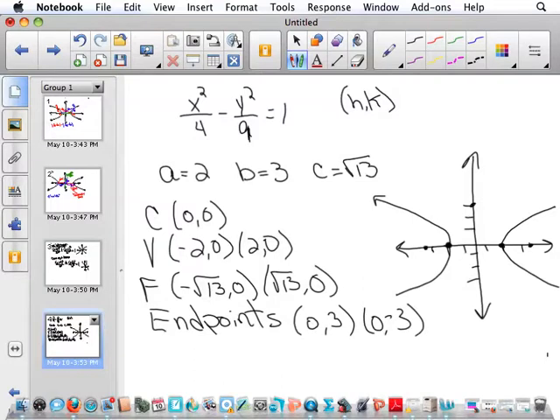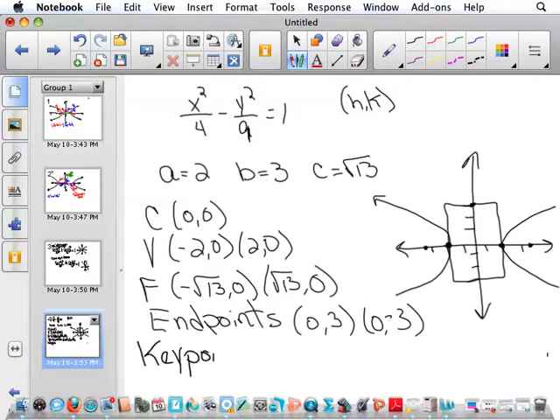So I can sketch in this little rectangular box, and because I don't have this on a graph, it's probably going to be slightly off, but I'll try to give you the idea. I'm also going to still have key points.